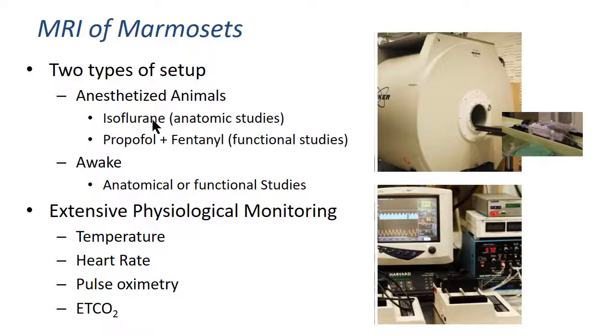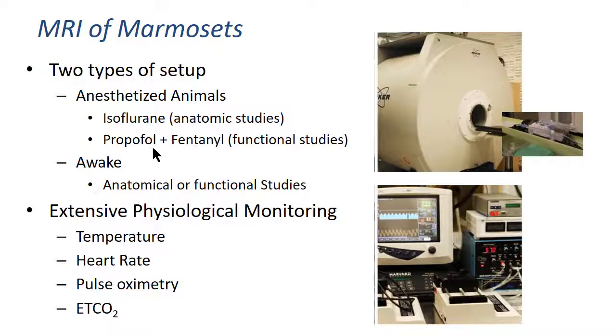But isoflurane has a lot of problems in interfering with neuroactivity and also with the vasculature in different ways, in ways that are hard for you to control. And in many instances, they preclude its use for functional studies. There are other ways that you can use anesthesia for functional studies.